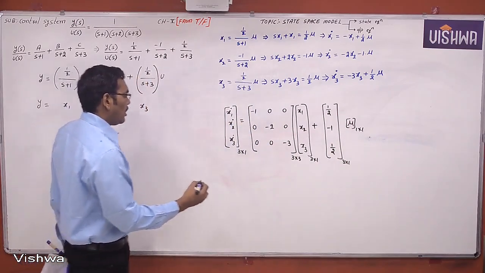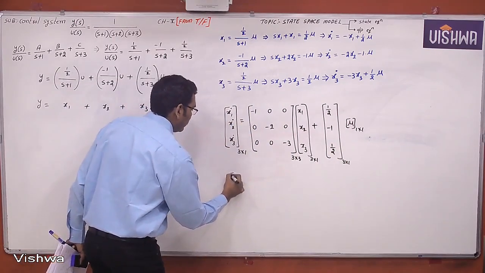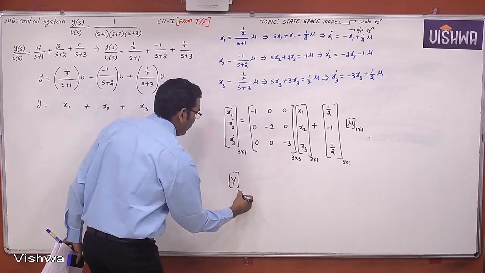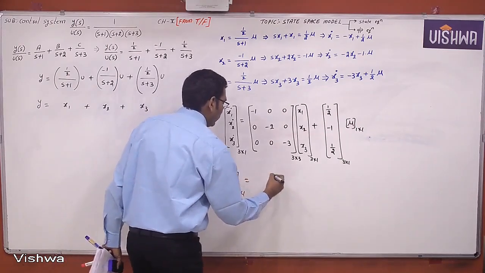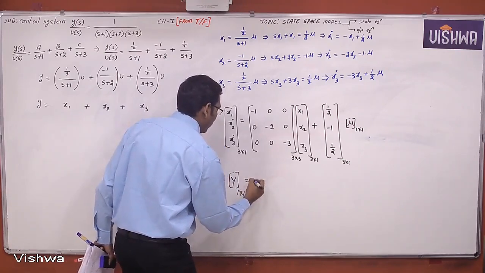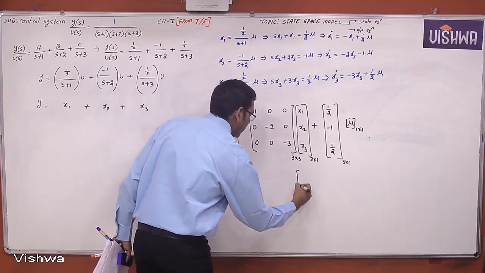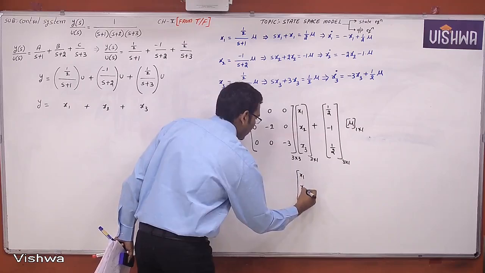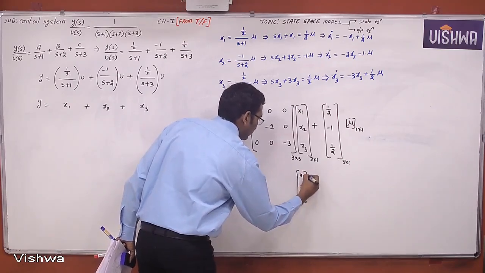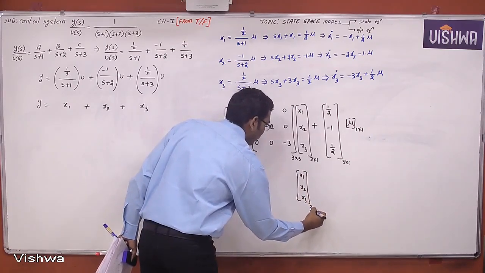Now this is Y. Y is 1 by 1, equal to a 1 by 3 matrix into X1, X2, X3, which is 3 by 1.